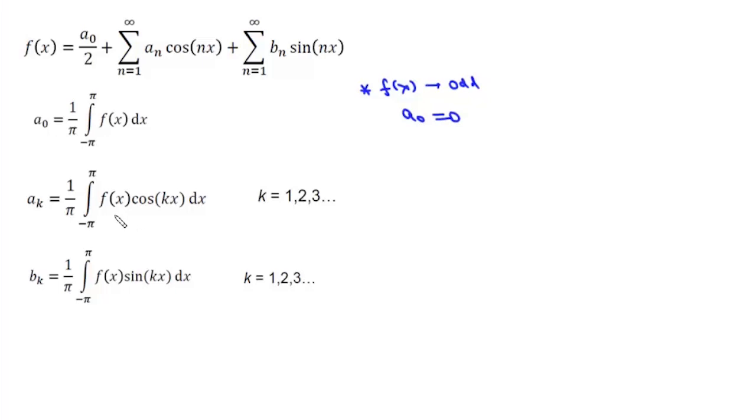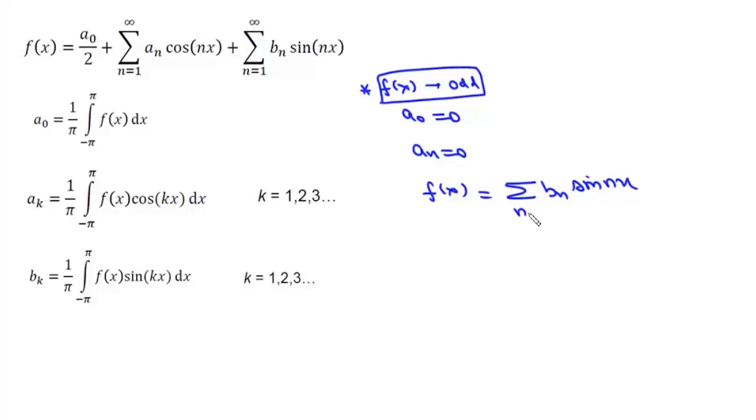Now f(x) into cos kx will also be an odd function. So in that case, an will be 0. So for an odd function, this Fourier series can be expressed as a sum of sine harmonics. So it will be the summation bn sin nx, where n varies from 1 to infinity.